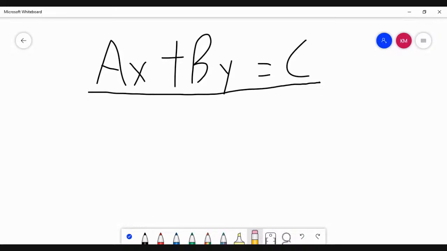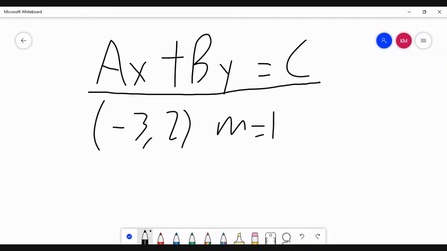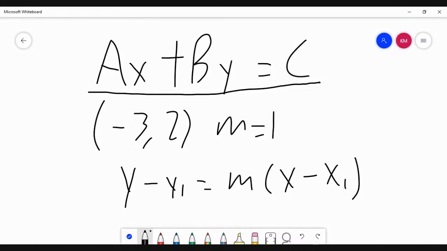So, first thing we're going to do is point slope. Point slope means I have 1 point, which my point is -3 and 2, and my slope is 1. So now, if you remember the point slope formula, it is y minus y1 equals m times x minus x1, right?